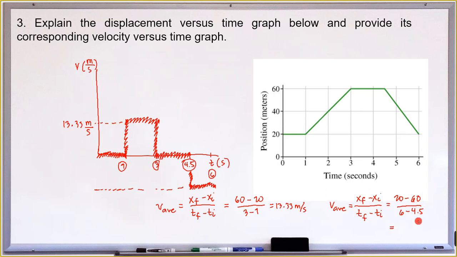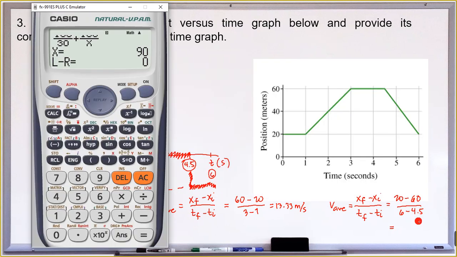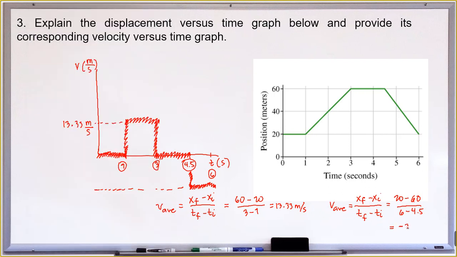Now, kung ato ni i-compute gamit ang calculator, 20 minus 60 divided by 6 minus 4.5. So, the answer is negative 26.667 meter per second. So, naa na sa ubos. Negative 26.667. Okay? Mao ni siya ang atong pag-create og corresponding velocity time nga graph.